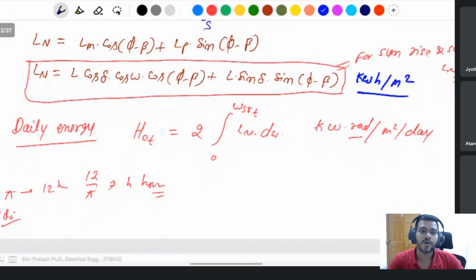This will be a formula only when the atmospheric effect is not included.